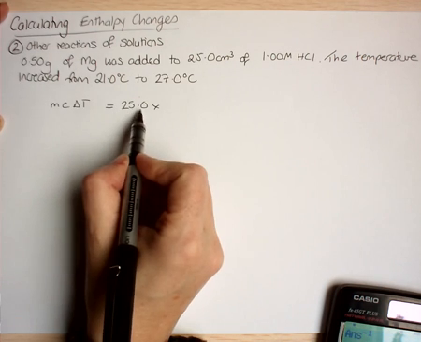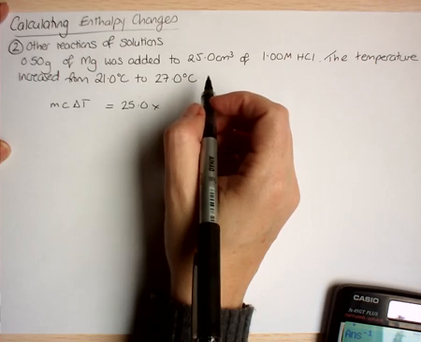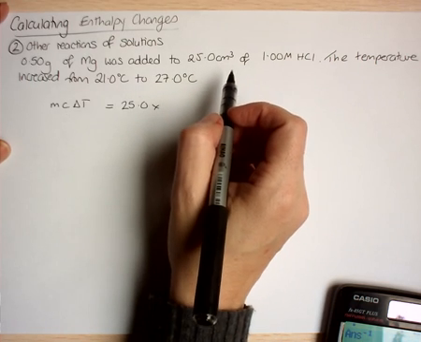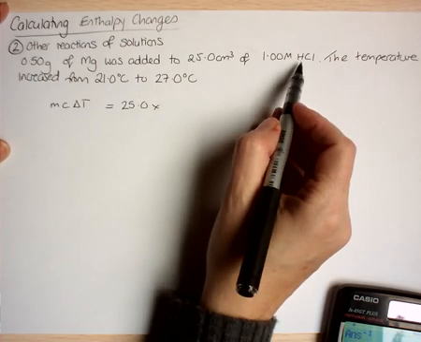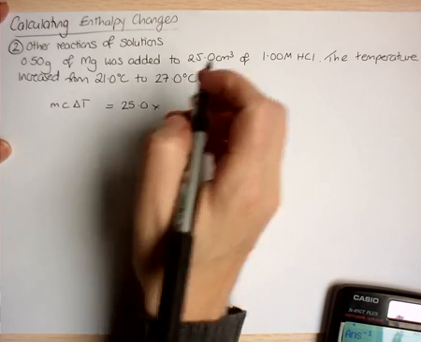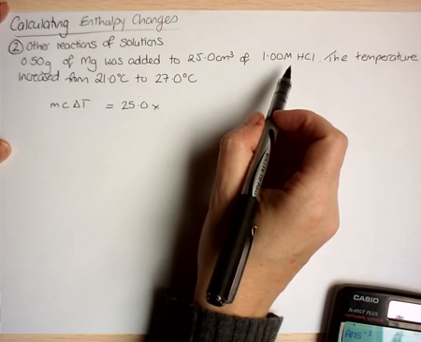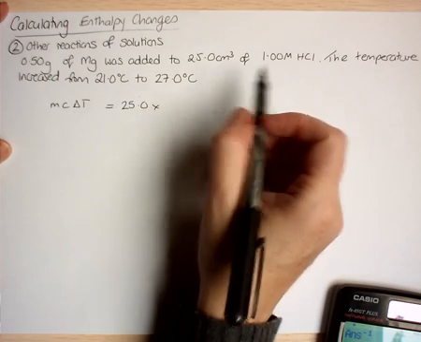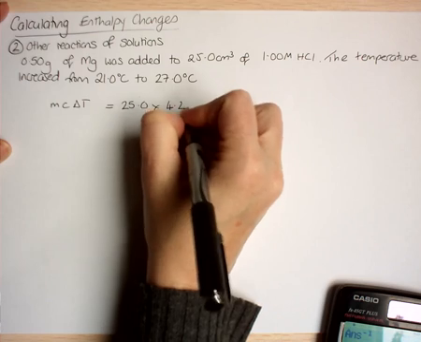So 25 grams of solution, because I also take the assumption that my hydrochloric acid solution is the same density of water. I also assume it has the same specific heat capacity, so 4.2.